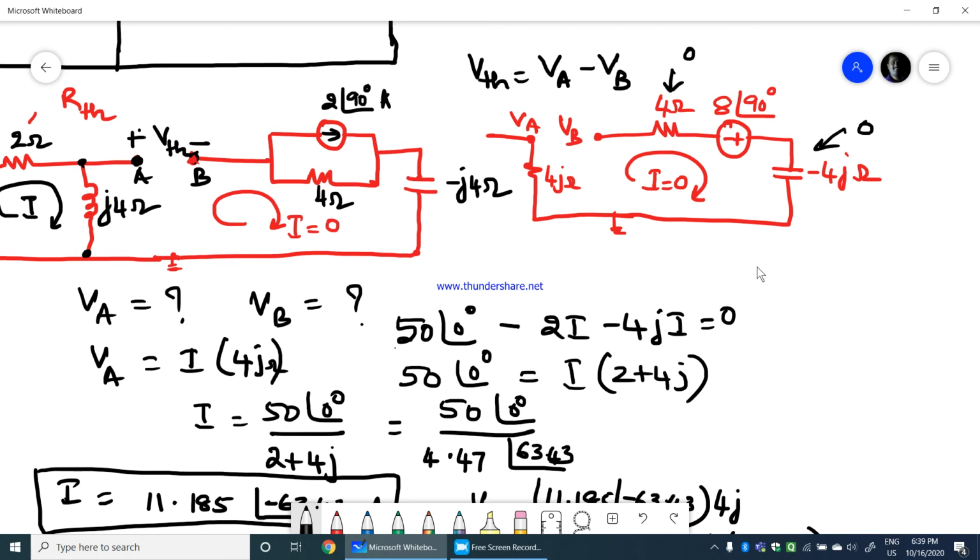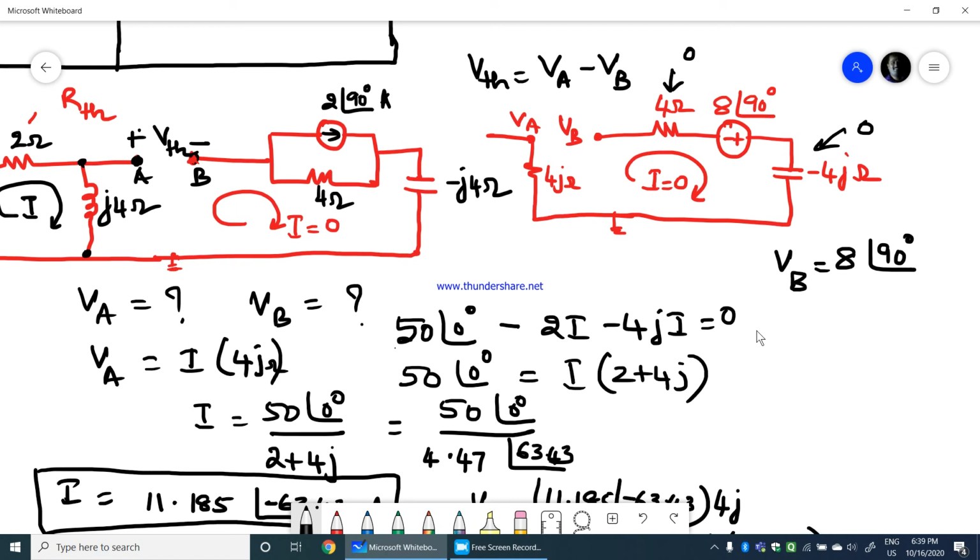There is no voltage drop across the 4 ohm and minus 4j ohm. Therefore, I can easily say that VB is equal to 8 at an angle 90 degree. Is it correct?